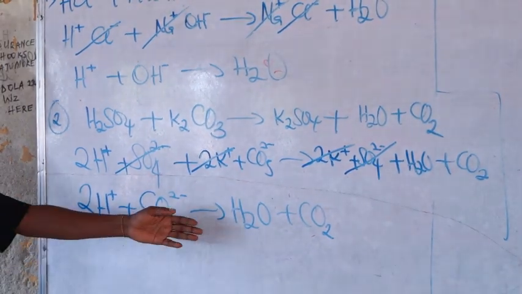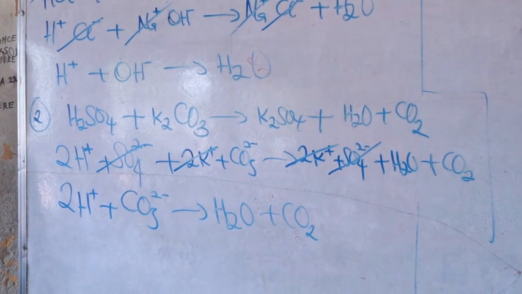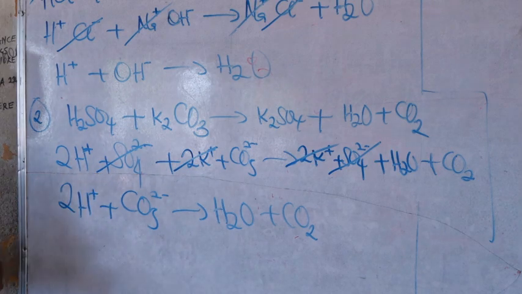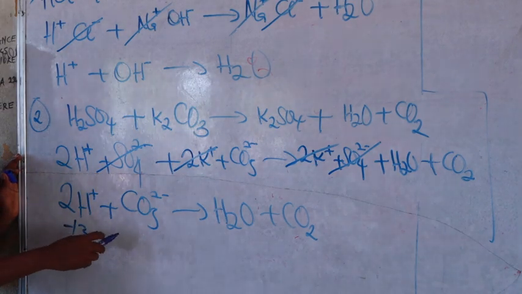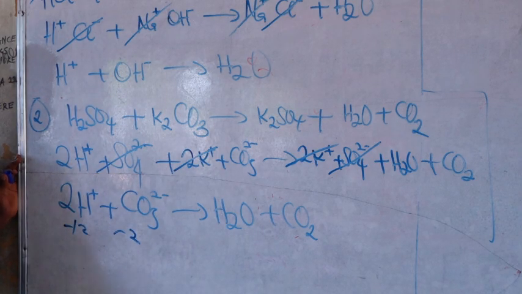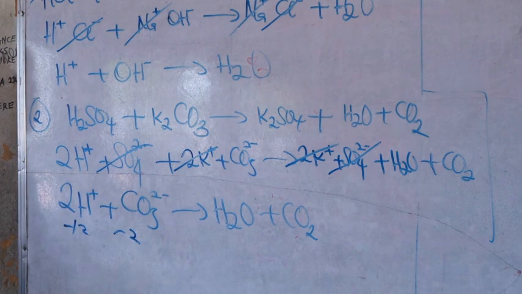You will see the atoms are balanced. Then you also check the charge. You can see this is +2, and this is what? -2, which is what? 0. And you can see there is no charge here at all, which shows that the equation is balanced.